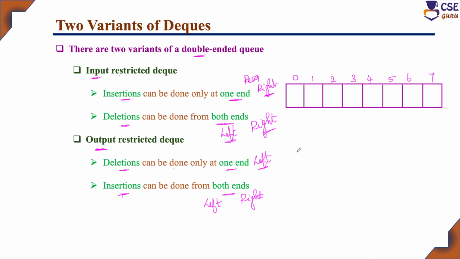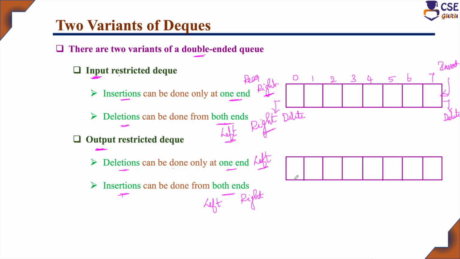So how will we implement input restricted DQ? See here, insertion will happen at the right pointer end, but deletion happens at both ends. Here you can delete and here you can also delete. That is input restricted DQ. In some cases insertion only at the left end is also possible and can be implemented, but generally insertion is restricted to only the right pointer end.